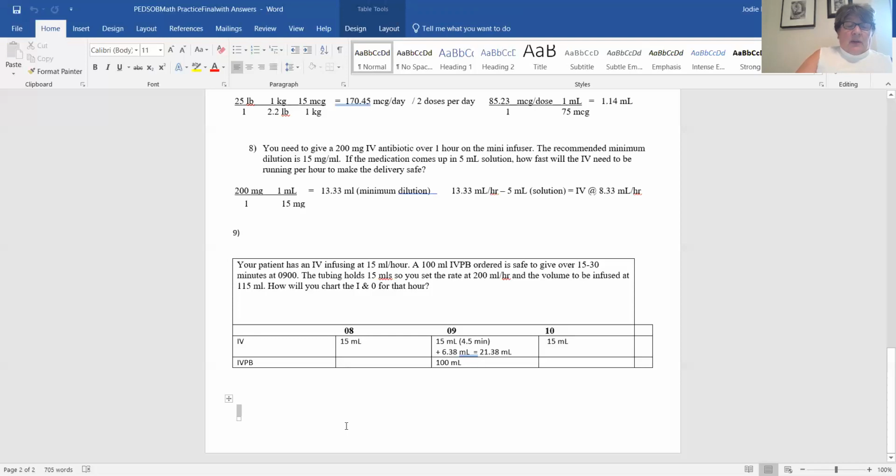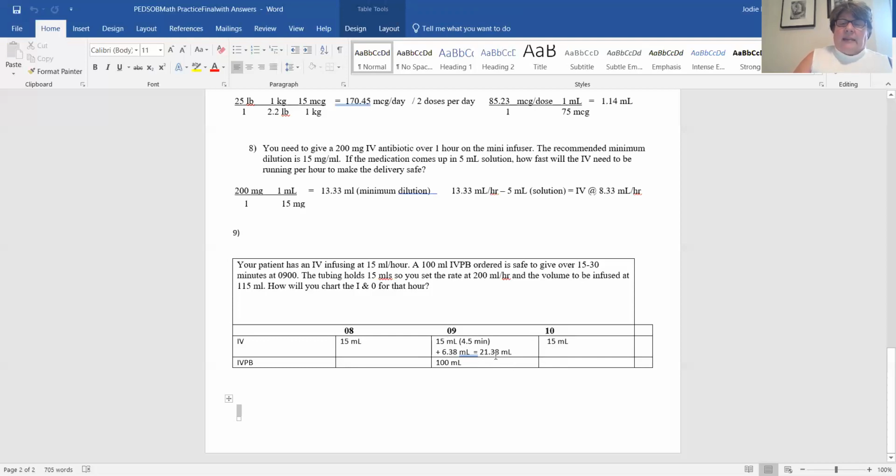And you'll get 6.375, and you'll just call that 6.38 milliliters is what's going to run in between the time that this 15 finishes running and 10 o'clock.